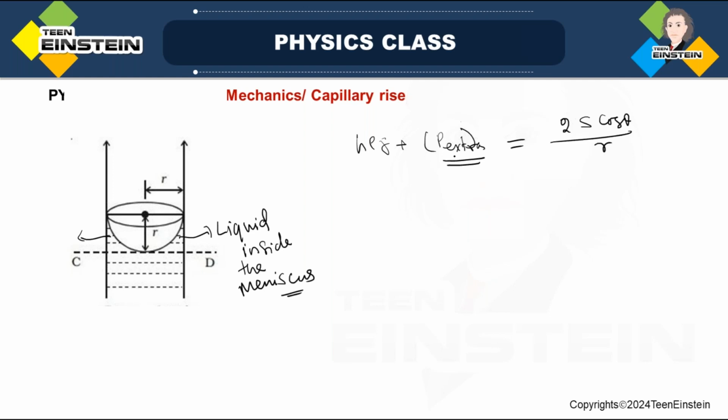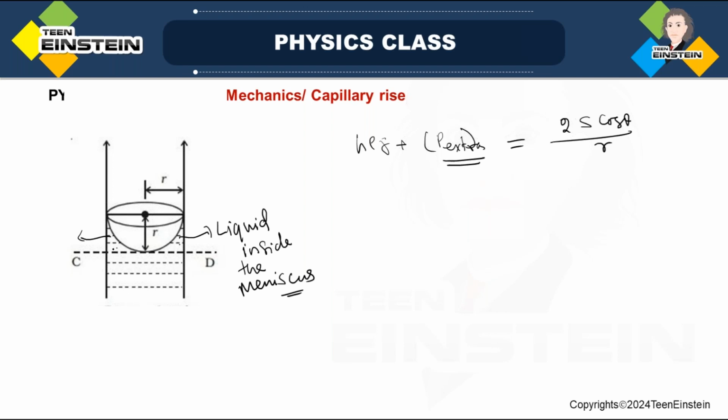So what is this extra pressure here? We can find out. How to find out? We have to find the mass of this liquid, and then g, that will be the force actually. Then force divided by the area of cross section.